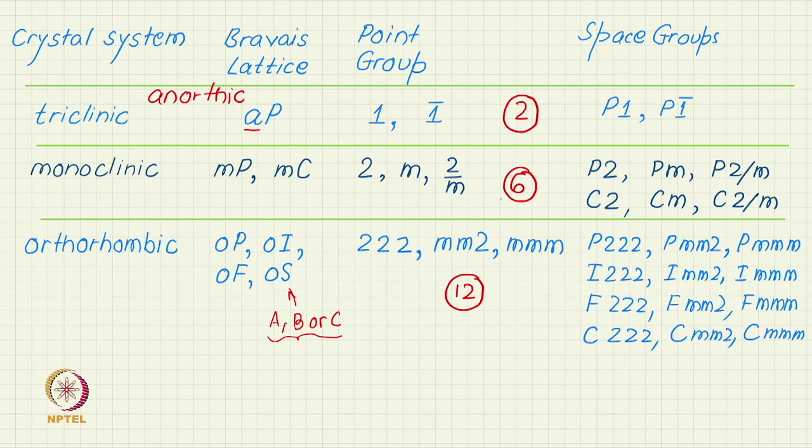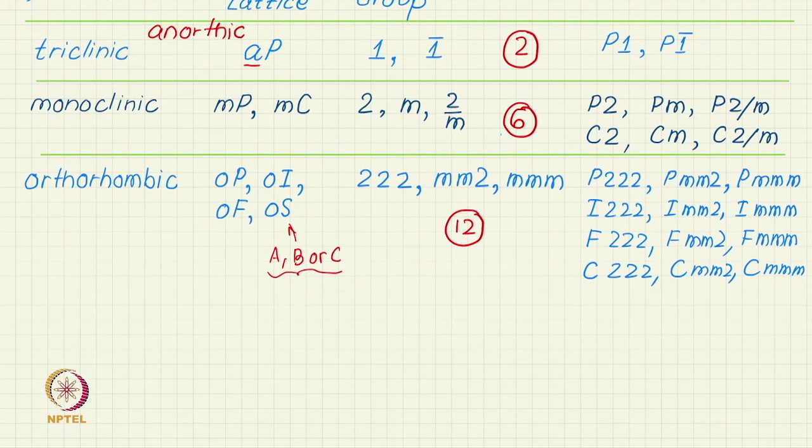Now, when you come to an orthorhombic lattice, this particular point group is interesting, MM2, and this particular lattice, that OS, is also interesting. Why are they interesting?